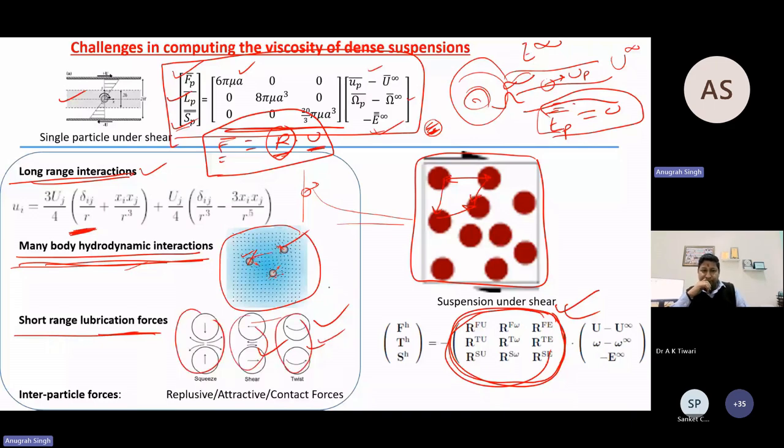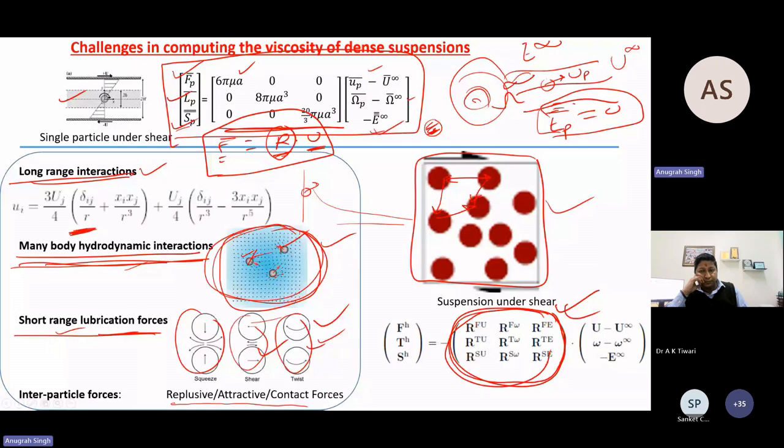The problem is the many body. We do not have analytical solution for three spheres or more. For two, we have semi-analytical solution. And unfortunately for dense suspensions, we have to consider many body. Of course, other than hydrodynamic, you can also have non-hydrodynamic forces, like repulsive forces, attractive if they are charged particles, frictional forces if they are rubbing each other, and so on.